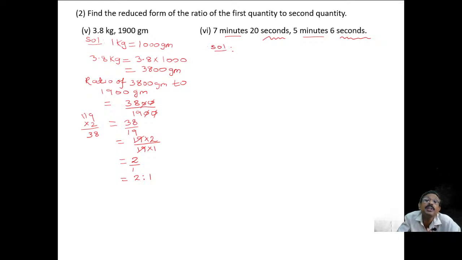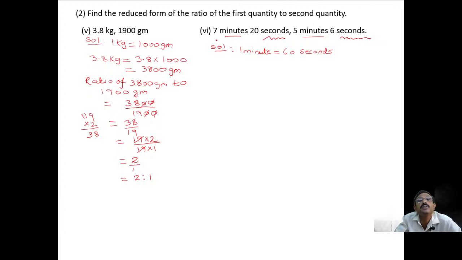Now we know how many seconds there are in 1 minute. There are 60 seconds. So let us write and keep 1 minute is equal to 60 seconds.